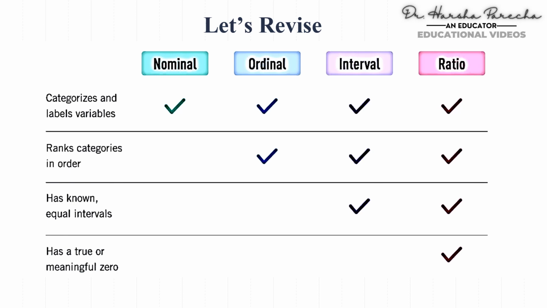Next, interval data: you can label them, order them, and it has equal intervals. And the last one is ratio data, in which you will find all four properties. You can label them, rank them, it has equal distance from one point to the other, and it has a true meaningful zero.